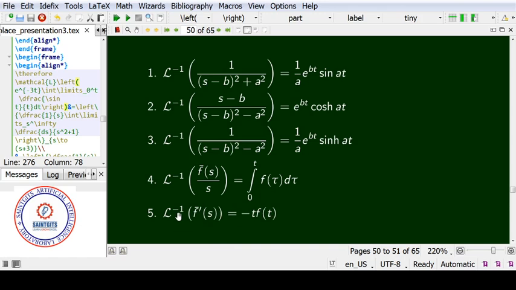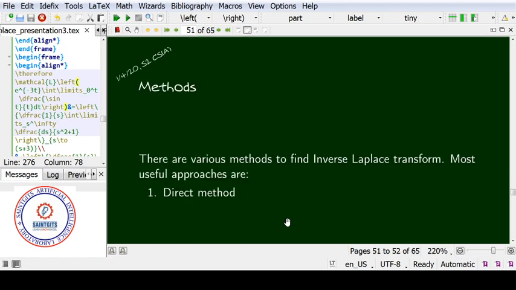We are familiar with this result: L of t into f of t is equal to minus d by ds. This minus should be here. I make a rearrangement. So L inverse of derivative of transform leads to minus t into f of t. These results are very important in the problem solving sessions.